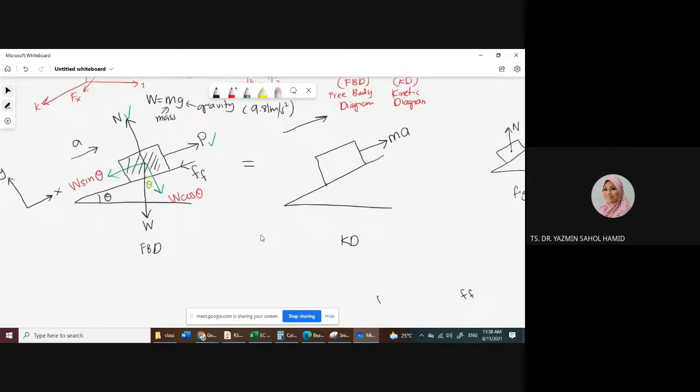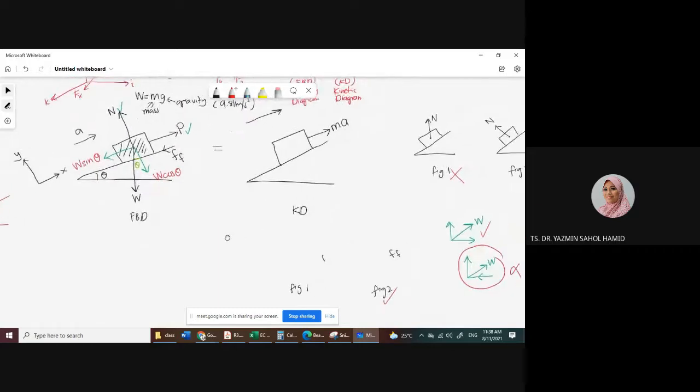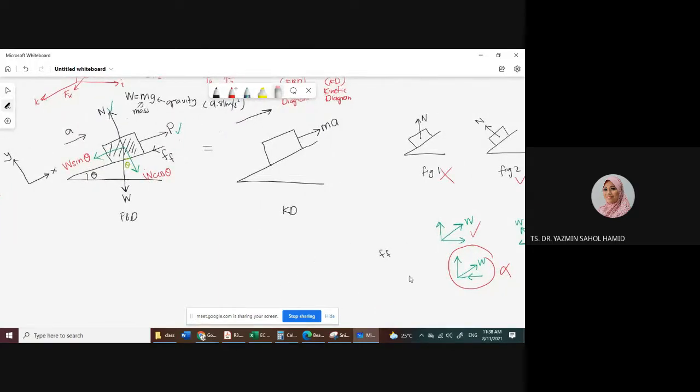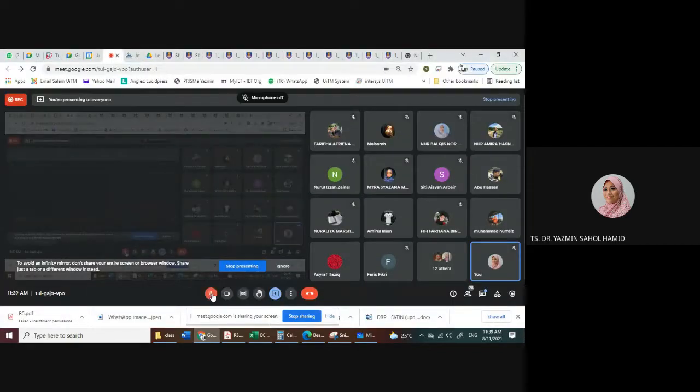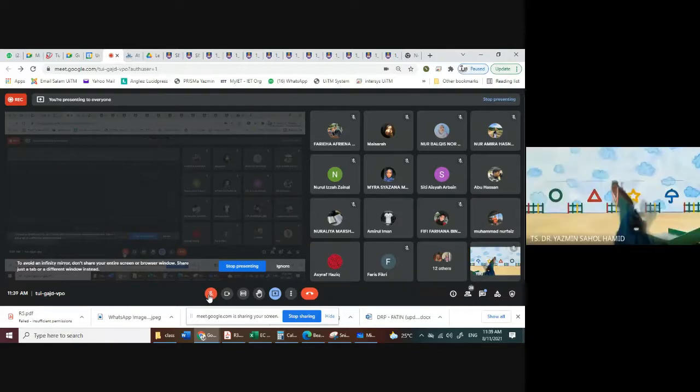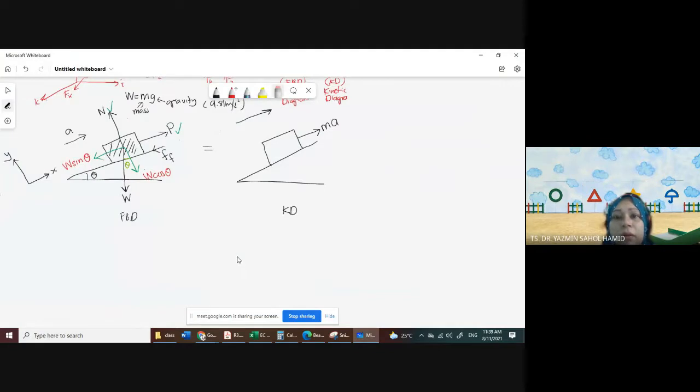So now we need to write the equation involved in the free body diagram and kinetic diagram. Okay, you need to write the equation.